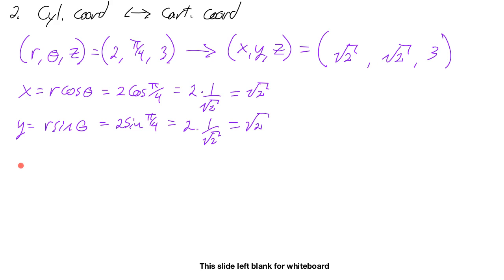Okay, and then the second part of this was to convert Cartesian to cylindrical. So we had x, y, z equal to negative root 3, negative 1, and 2, which will go to something like r, theta, z.